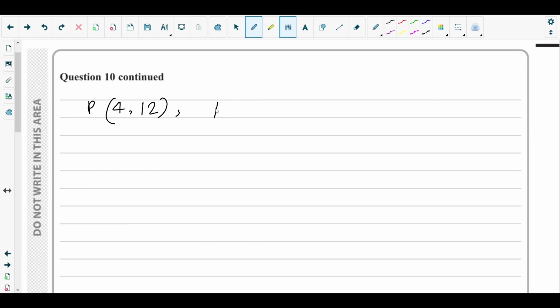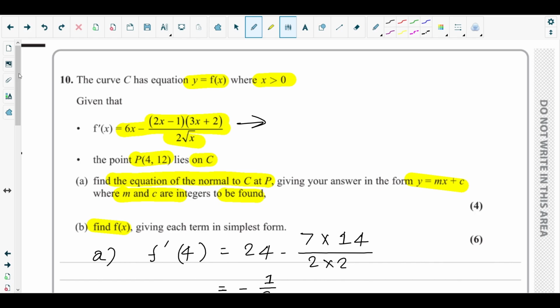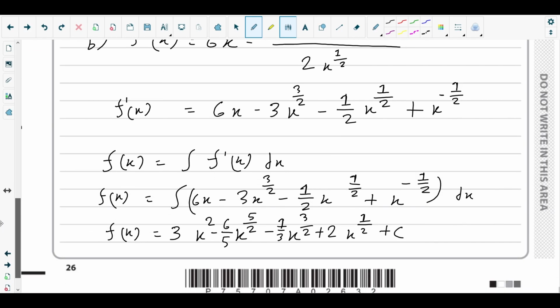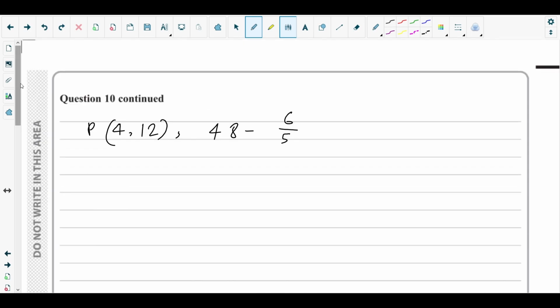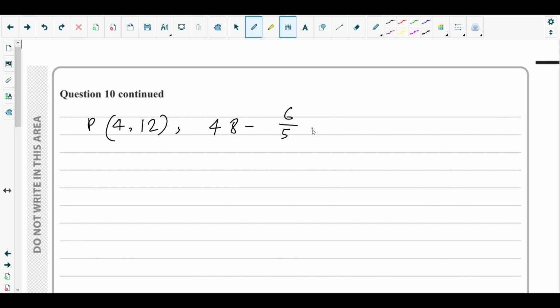So 48 minus 6 over 5, x to the power 5 over 2. That means 4 to the power 5 over 2, which is the square root of 4 to the power 5, isn't it? The square root is for the half, and the power 5 is for the 5.